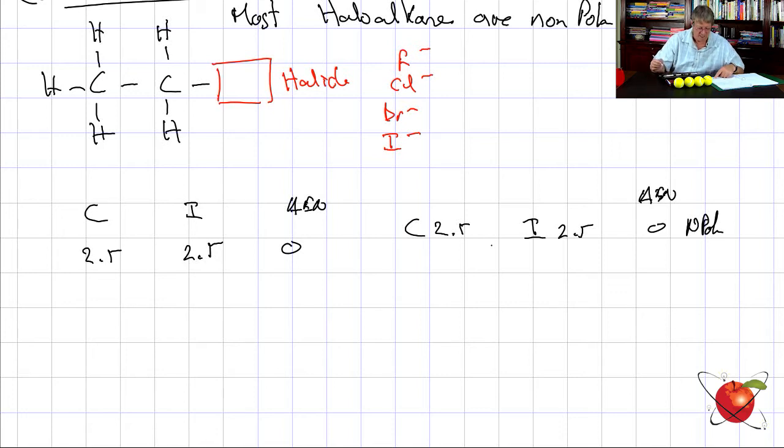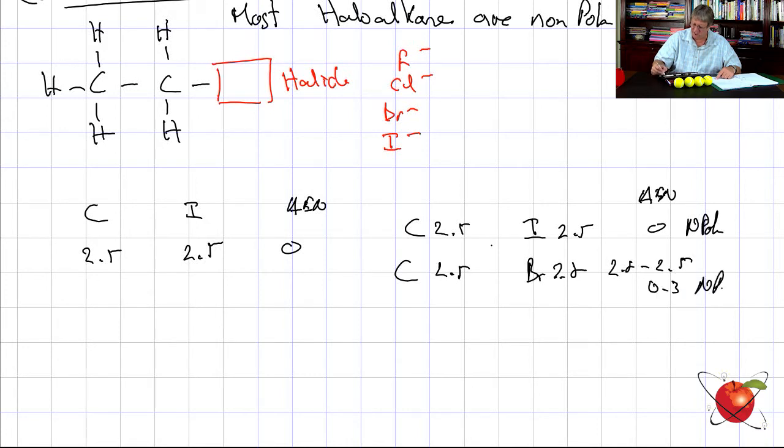Let's move up now to bromine. Carbon 2.5, bromine 2.8. Remember, you always put the most electronegative first, so it's 2.8 minus 2.5, 0.3, non-polar, or very, very weakly polar, right?